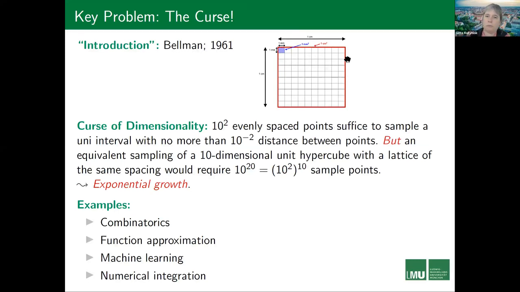But if you drive the dimension up, you get an exponential growth in how many sample points you need. This is what's typically called the curse of dimensionality. It appears in various forms, for instance numerical integration, combinatorics, function approximation, as you will see here, machine learning, and so on. That's a major problem if you go to really high dimensional data.